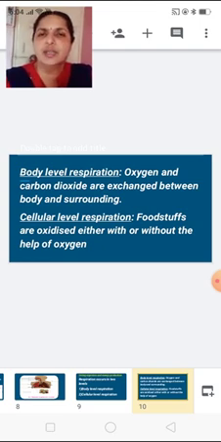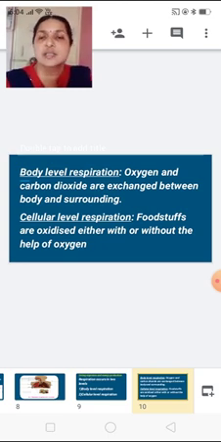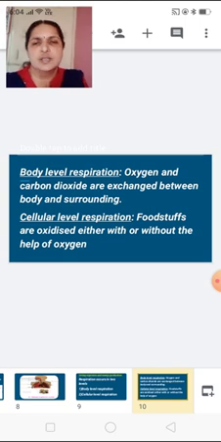And what is cellular level respiration? The foodstuffs are oxidized either with or without the help of oxygen. That means there can be 2 types: they can oxidize with the help of oxygen, and also without the help of oxygen. We'll see that now.